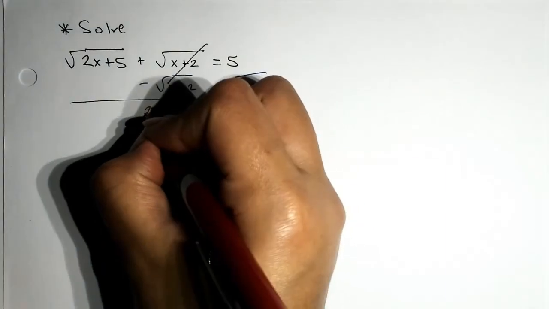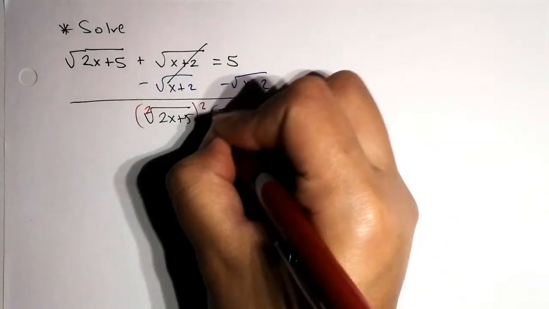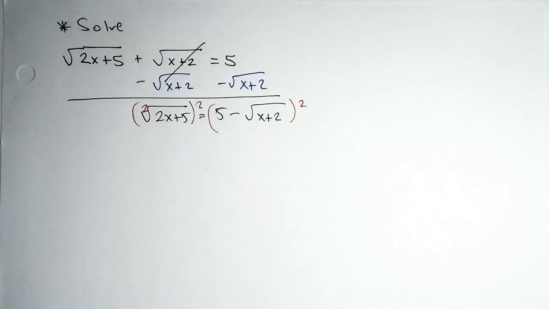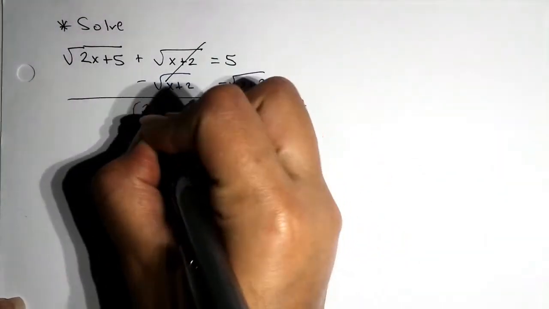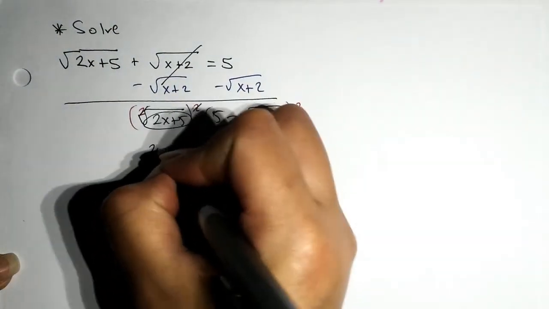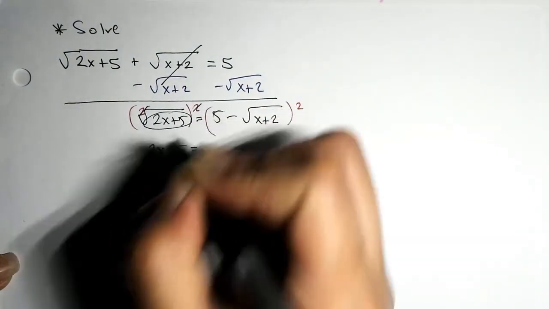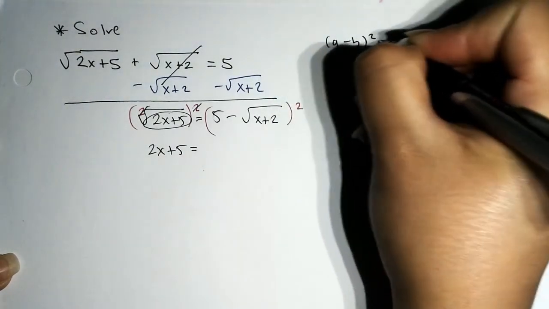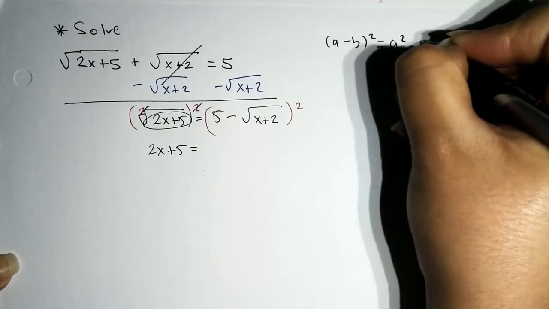So to undo the square root, let's square both sides and then tell the reader what we're left with. On the left side, the square and the square root undo each other, and that will leave us with the radicand of 2x plus 5 equals whatever you like on the right side. So again, how you choose to square it is a personal choice.